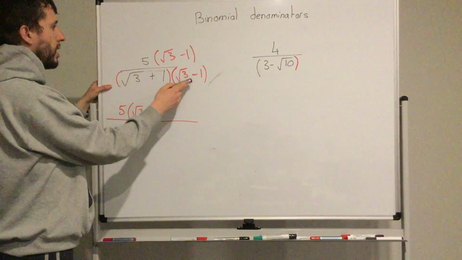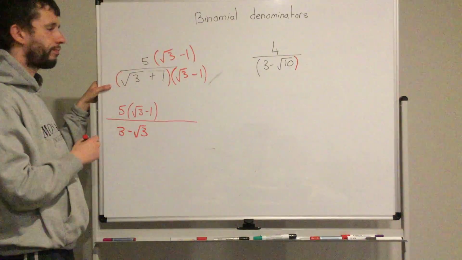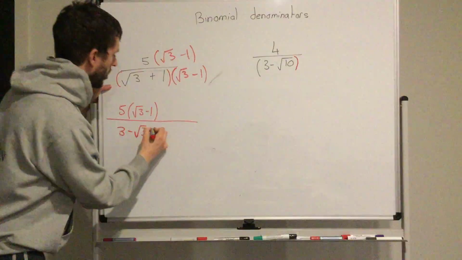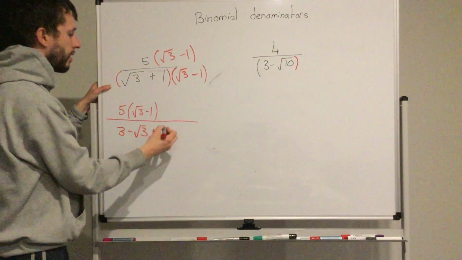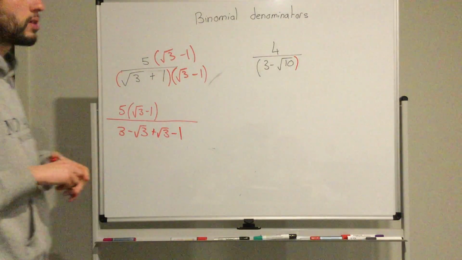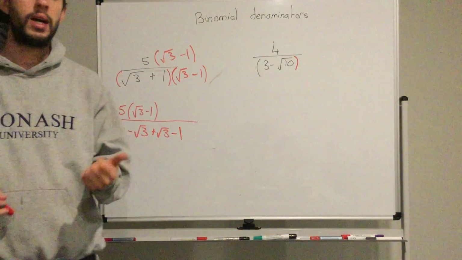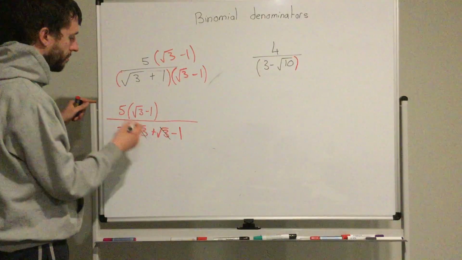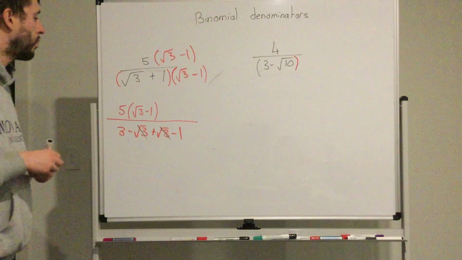Square root of 3 times negative 1 is take square root of 3. 1 times square root of 3 is positive square root of 3. And 1 times negative 1 is just 1. Now I can simplify that. A negative square root of 3 plus a positive square root of 3 just cancel out, and it becomes 3 take 1 on the bottom, which is 2.